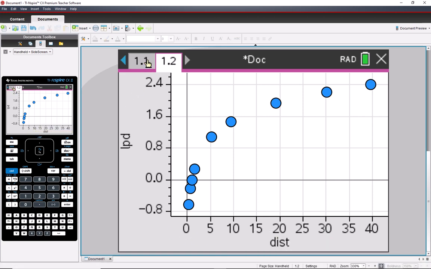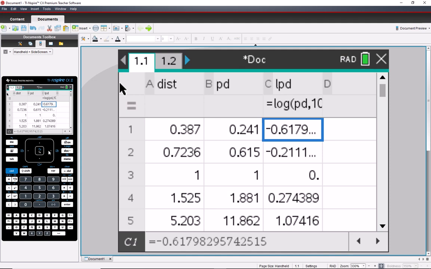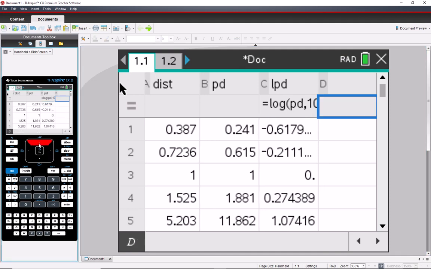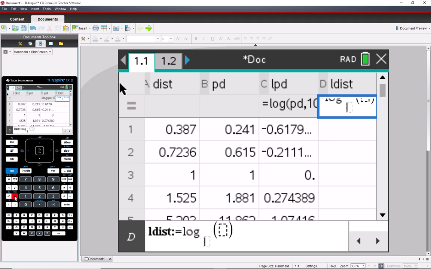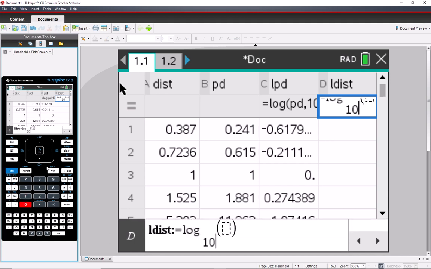So let's come back here and scoot over one more, and we're going to do LDIST for the log of it. Continue to wish this had a QWERTY keyboard. So this will equal control log base 10, and this is going to be DIST.